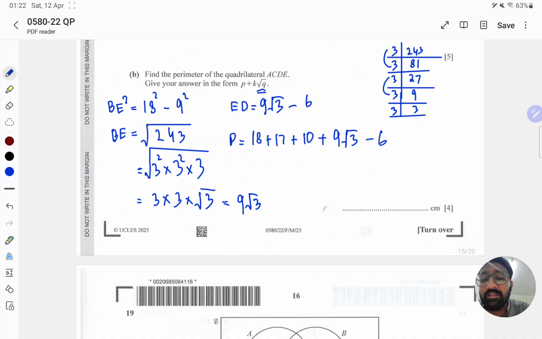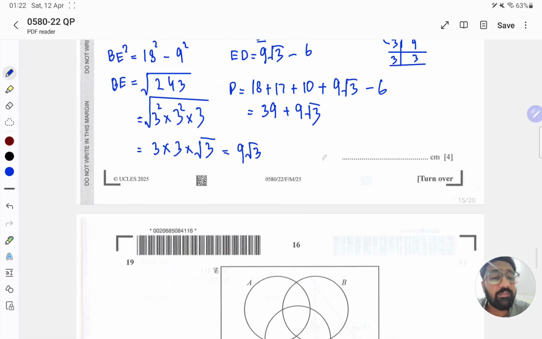So 18 plus 17 plus 10, and then subtract 6. 18 plus 17 is 35, plus 10 is 45, and 45 minus 6 is 39. 39 plus 9 square root of 3.